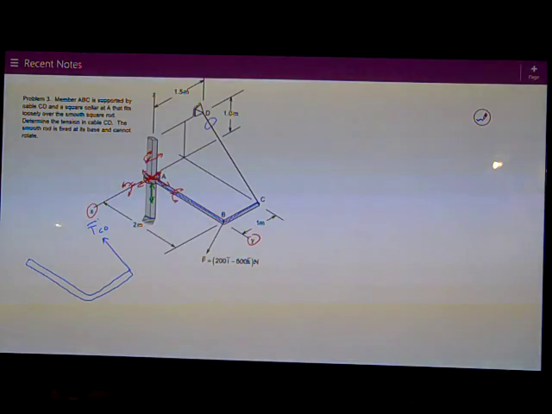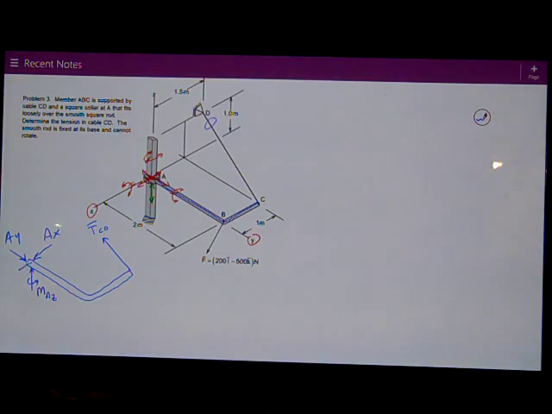Then at A, let's look at the support reactions there. I said it does allow motion in the Z direction, so there is no AZ. But it doesn't allow movement in the Y direction, so I put an AY on it, in the positive Y direction. It doesn't allow movement in the X direction, so I put AX on there. And then it doesn't allow any of the three directions of rotation about any of the three axes, so I would put MAZ, which is a resistance to rotation about the Z-axis.